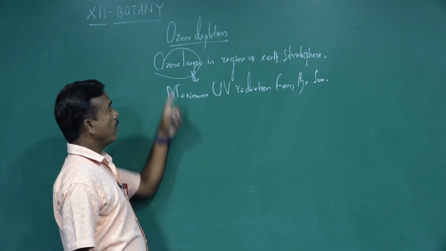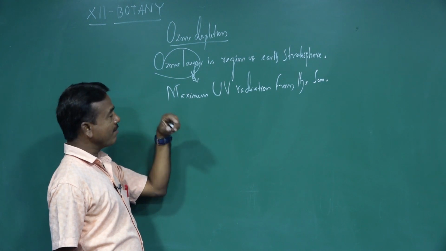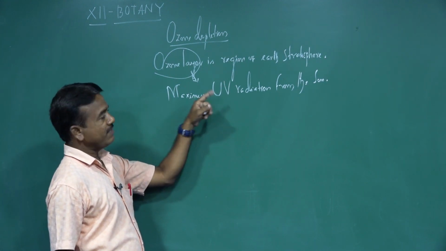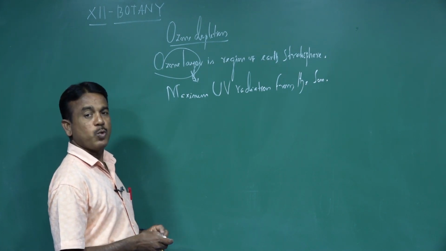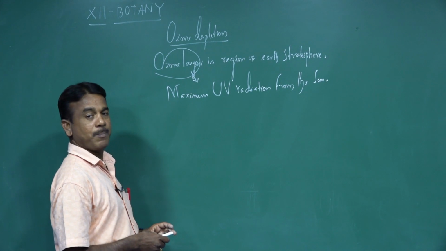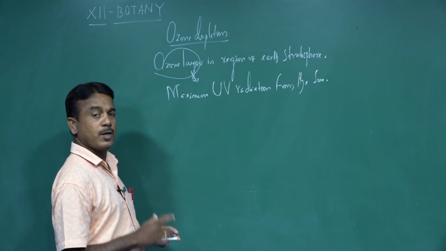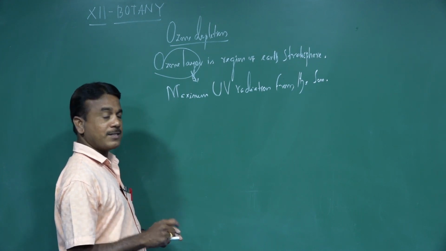If the ozone layer cannot absorb or filter the maximum UV, and it enters the earth, it can cause many kinds of health problems. In order to protect from diseases, the ozone layer absorbs the radiation from the sun.